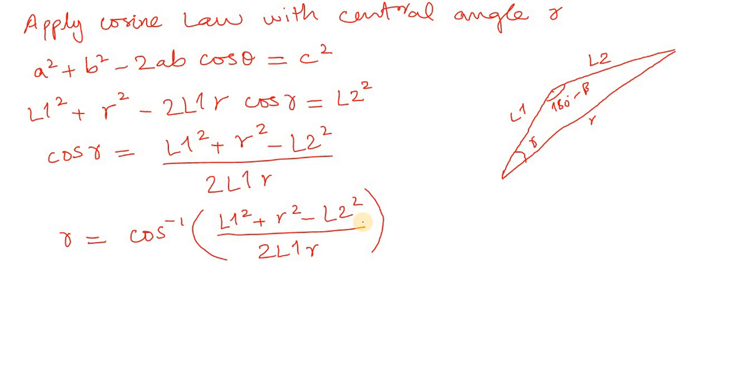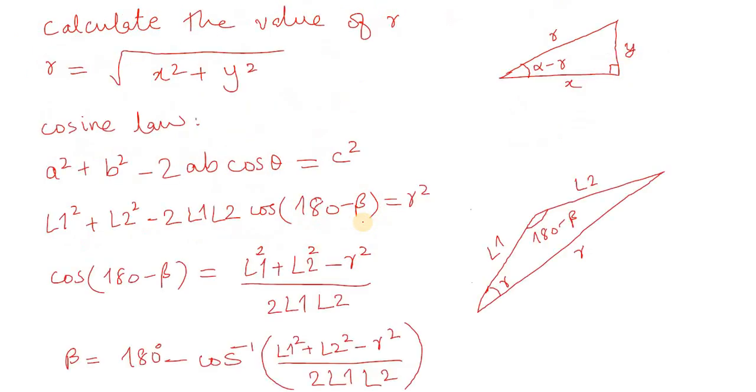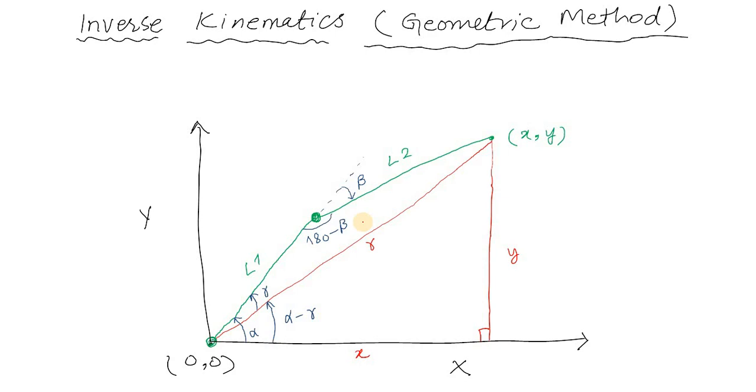So once we have the gamma angle, we can now go back to our main triangle here. This triangle, which was a right angle triangle, and here the gamma angle is known, x is known, y is known, and also r is known.